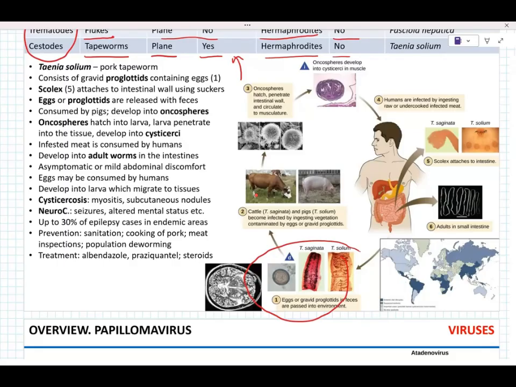When an egg or a proglottid, which is full of eggs, is consumed accidentally by a pig, we're not talking about cows now, by a pig, this egg hatches. The larva hatches in the intestine. The larva penetrates the intestine and ends up in the pig's muscle. Did you ever buy pig's muscle?